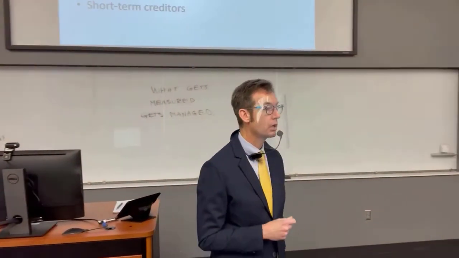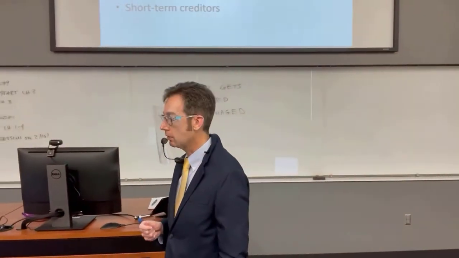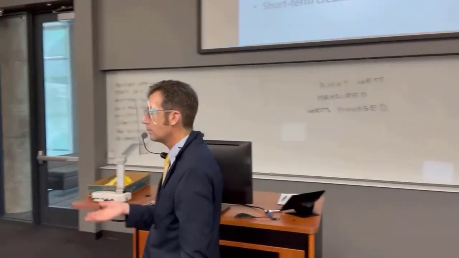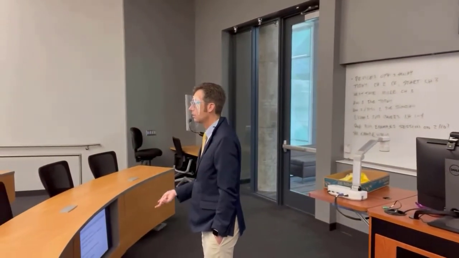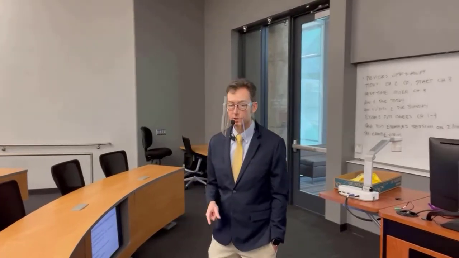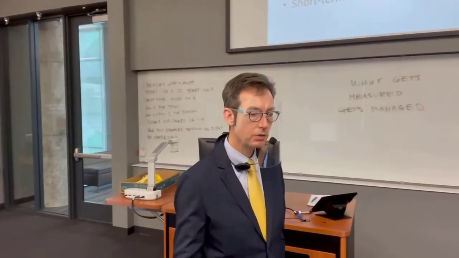Now let's start with the first one. It's called the current ratio. And that's current assets divided by current liabilities. Remember, current assets are things that we expect to provide cash within the next year. Current liabilities are things we expect to consume cash within the next year. Which do I want to be larger, current assets or current liabilities?